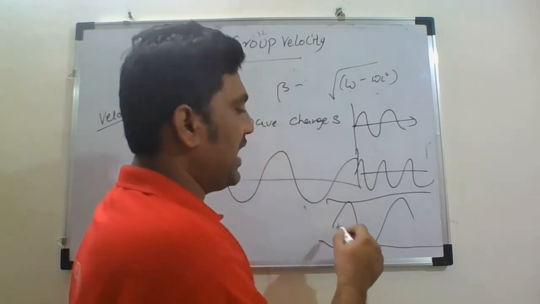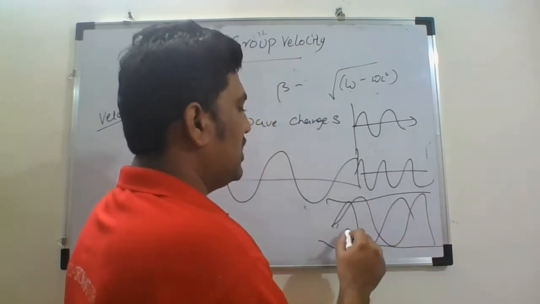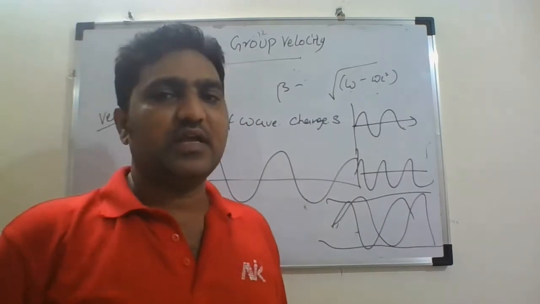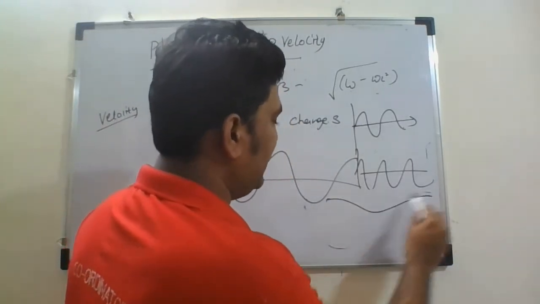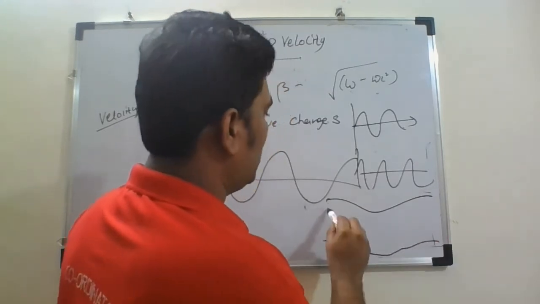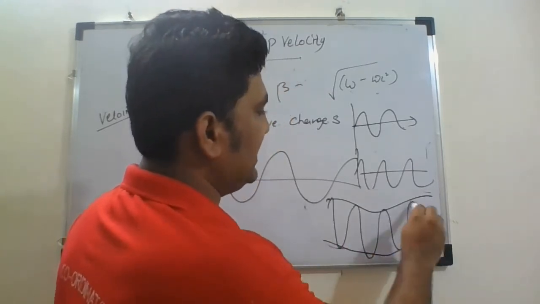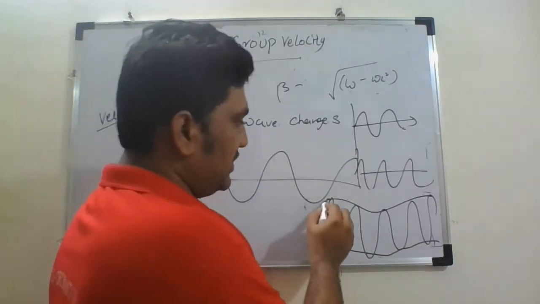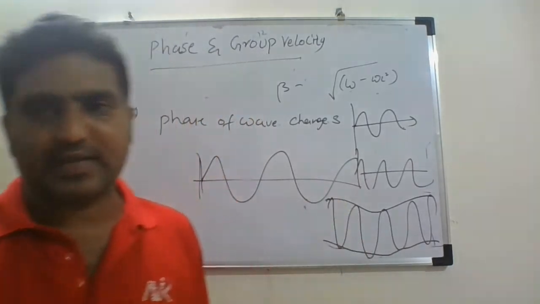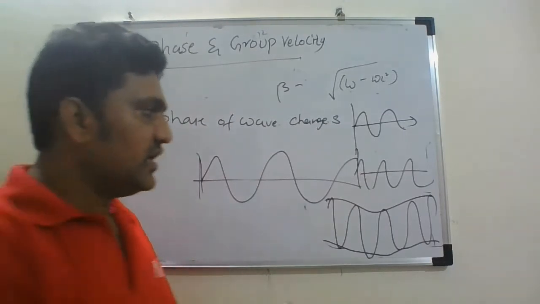If I consider an amplitude modulated wave, the resultant of the modulation will be an envelope, and inside this envelope the variation will be like this.